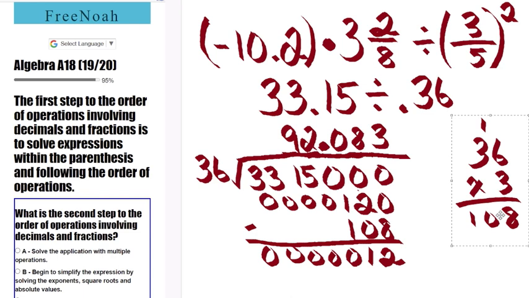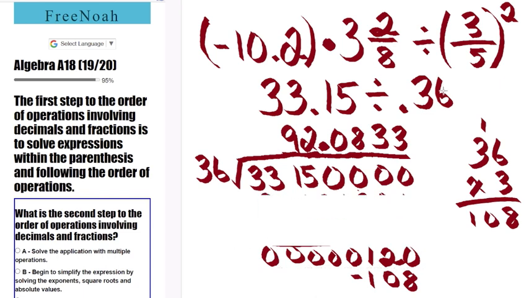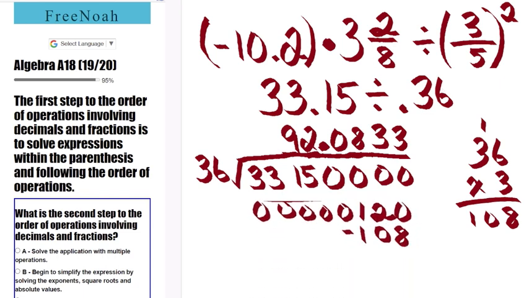Okay. Make some space here. Drop down another 0. Borrow another 0. And we're given our second 120. 36 goes into 120 3 times. 3 times 36 is 108, and 120 minus 108 is 12.